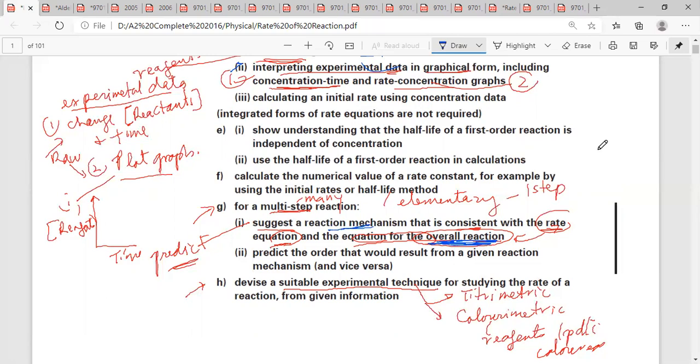So I told you there are two equations: one is the rate equation, one is the overall equation. So the mechanism must come from two equations. One is the rate equation, the second one is the overall equation. So two equations I require.